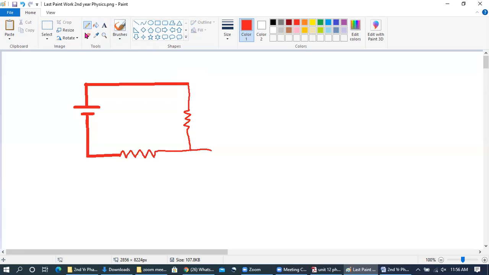But before making any connection to any other loop, we first have to understand this circuit, and then we'll look into the others.